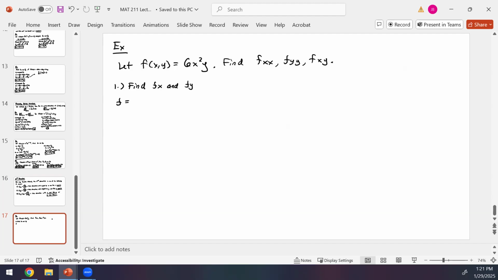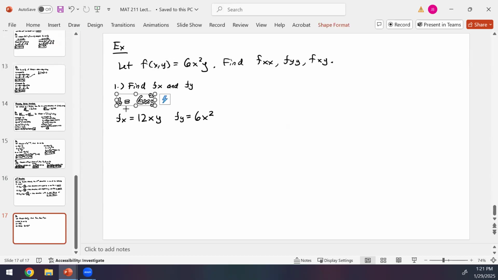So if f is equal to 6x squared y, then f_x is equal to, I bring down the 2, 12x times y. And then f_y is equal to, the y becomes a 1, so 6x squared, right?